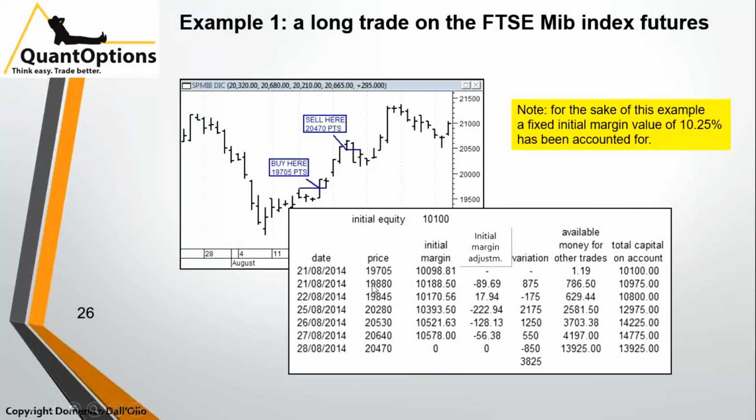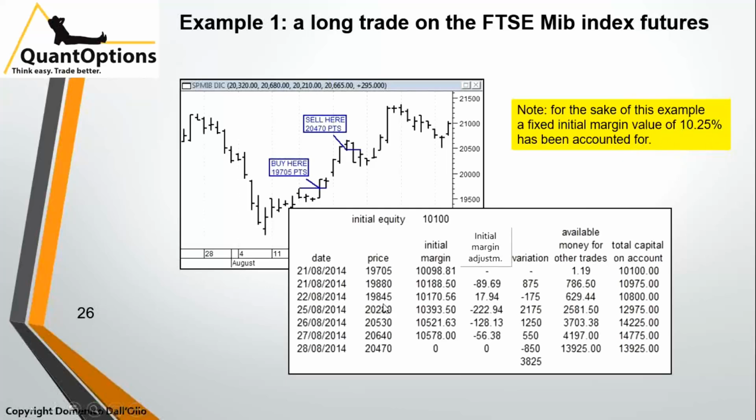Then it goes on. The next day, August the 22nd, the closing price is 19,845, 35 points less than the previous day. The initial margin is slightly reduced, of course: a lower price, a lower value, a lower amount of risk. 10.25% is fixed.